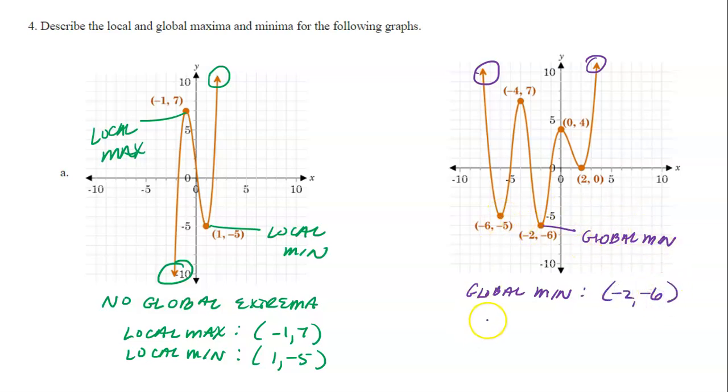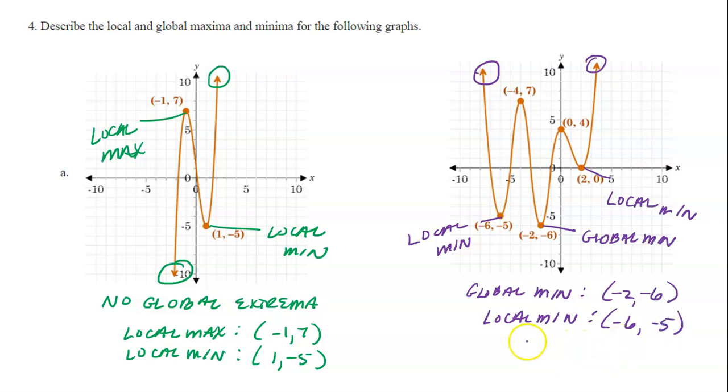And then we have a local min. We have a few. This is a local min. This is a local min. So we have a local min at -6, -5. And we have a local min at 2, 0.